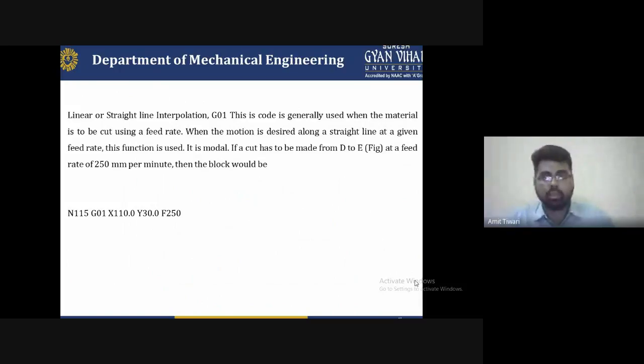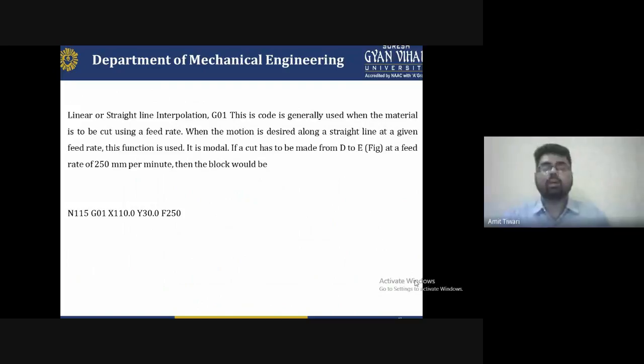In the figure the feed rate is 250 mm per minute. Then the block would be N115 G01 X110.0 Y30.0 F250. So first of all, you should have an idea of how to read this code.